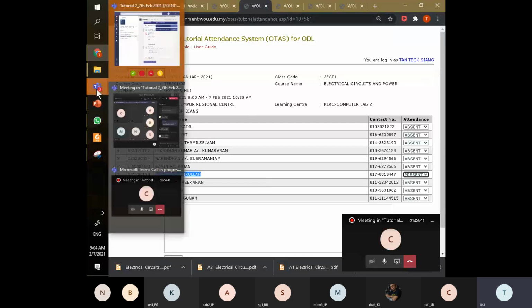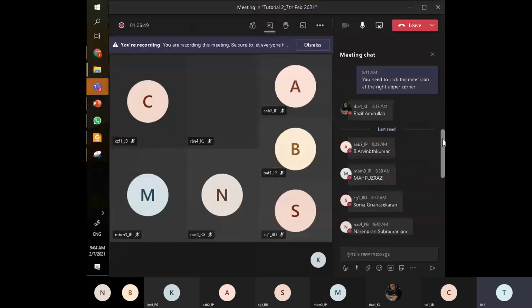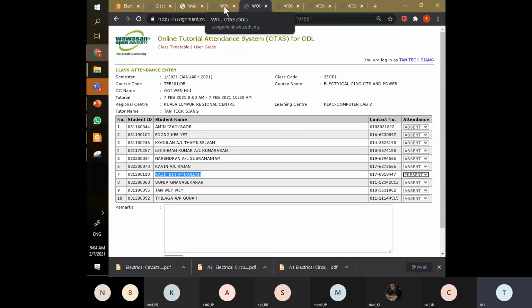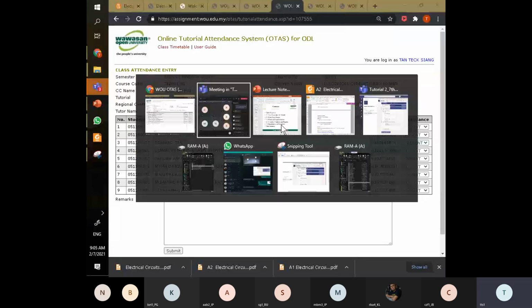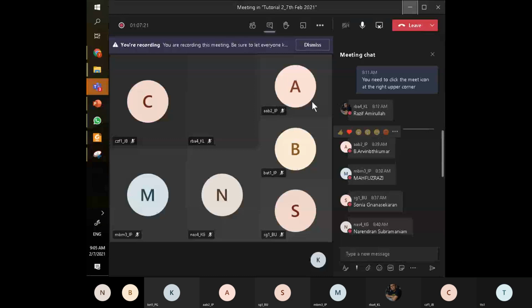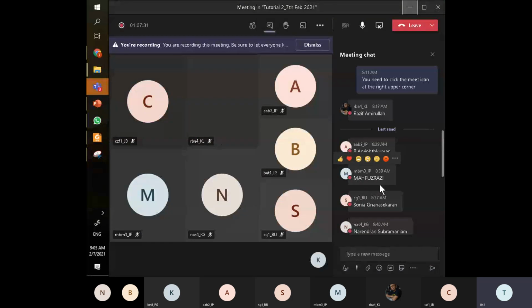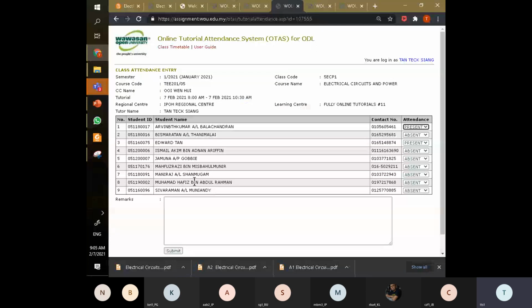Abdin, Ipoh. Kumar, right? Mahfud, Ipoh.